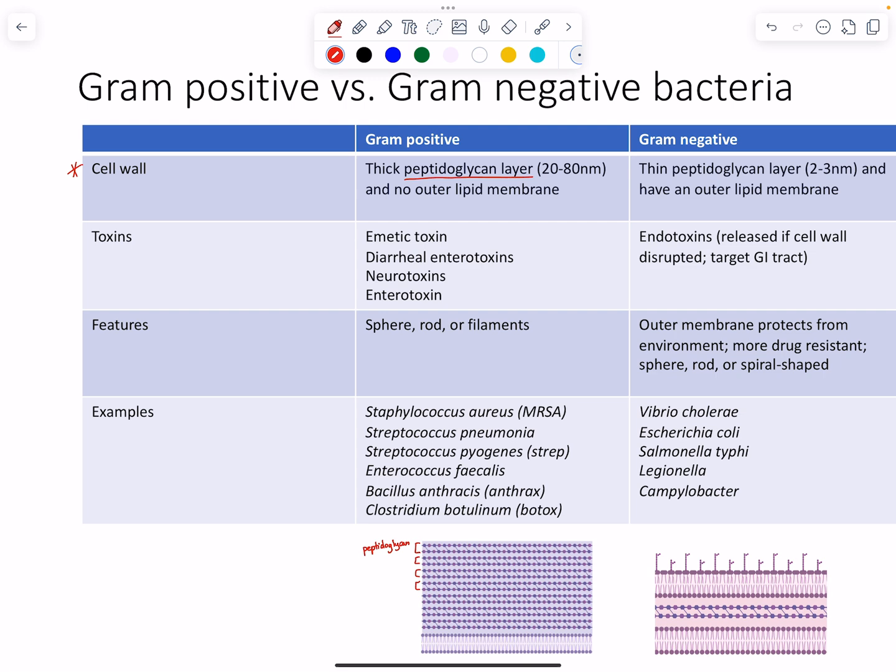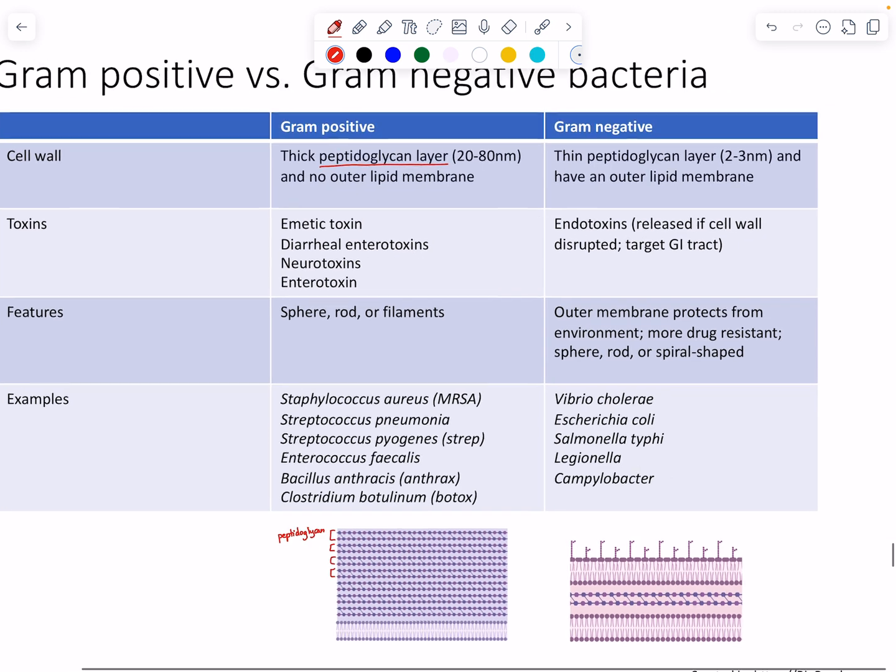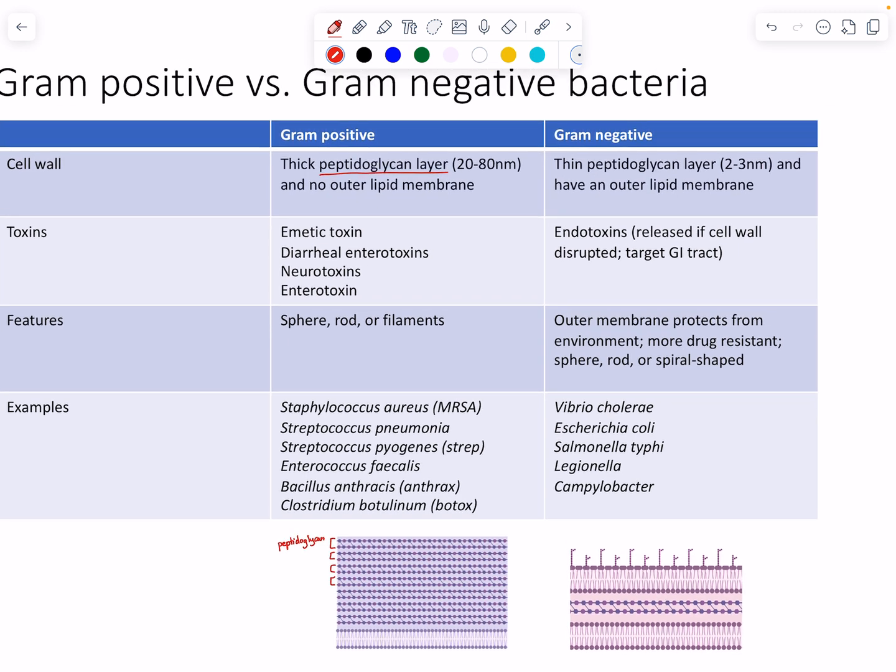Their cell wall has that type of structure, whereas a gram-negative cell only has one thin peptidoglycan layer, and it also has an outer membrane.